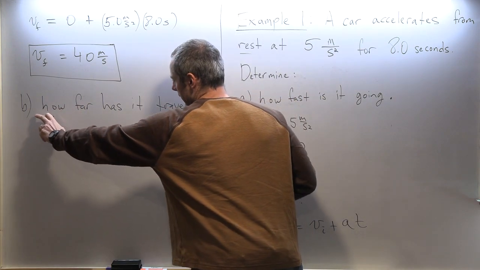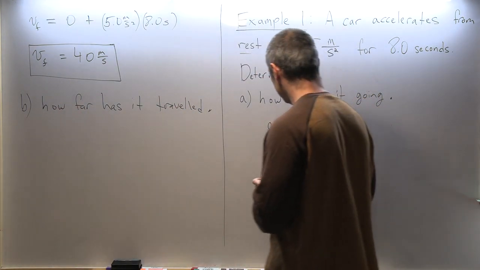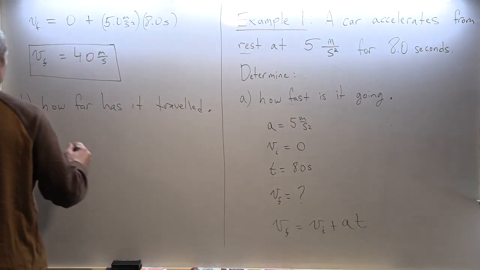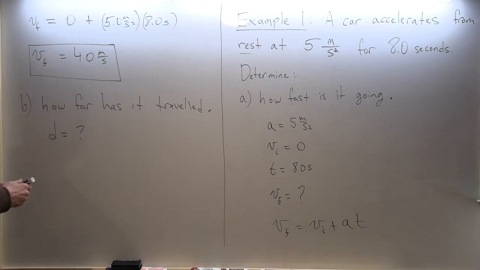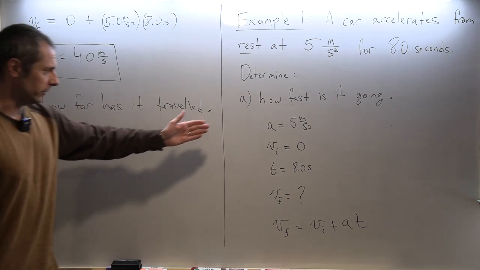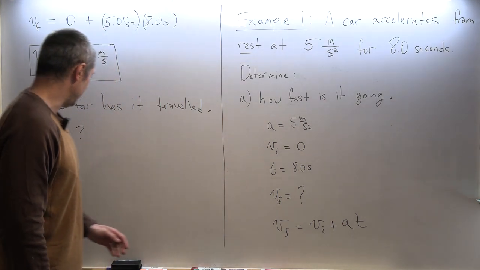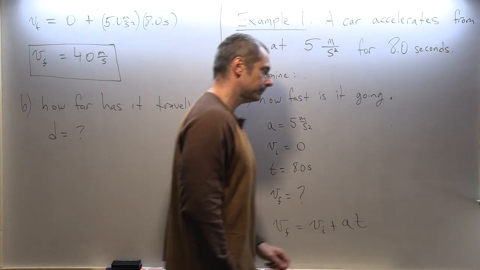Determine how far it traveled. Okay, so now we're looking for how far, D. Okay, and we still have that original information. We have acceleration, VI, T, and now we're looking for the displacement, how far it's traveled.